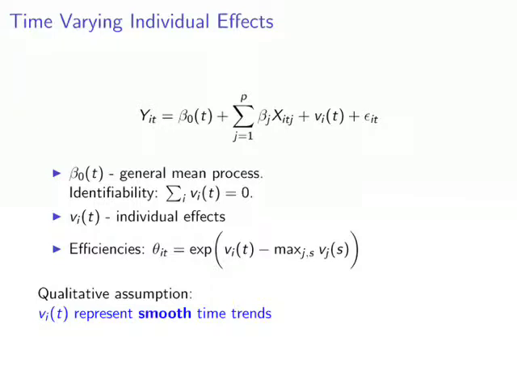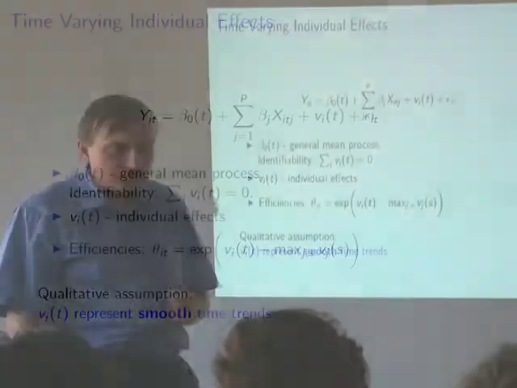For identifiability, we'll just assume that the sum of the vi's is 0, just to identify this mean. And of course they have individual effects, and efficiency would then be in every time period the individual value minus the maximum value.